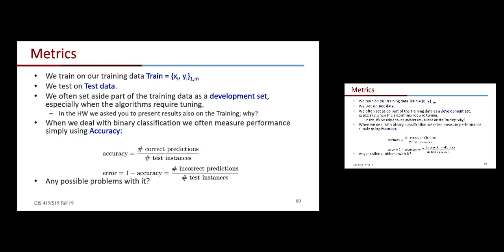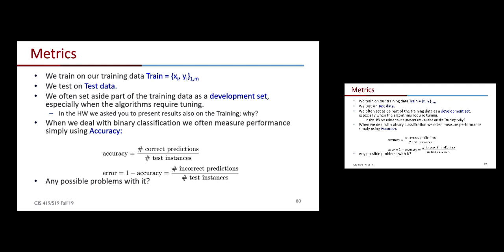Why do I think this is important? Yes? If you're not performing well on the training data, then something might be wrong. Maybe you're not using the right hypothesis, maybe you're not expressive enough.